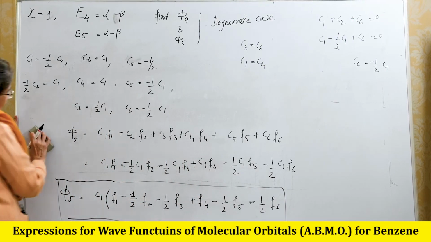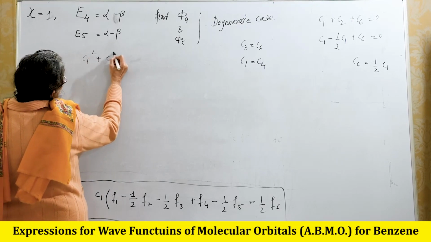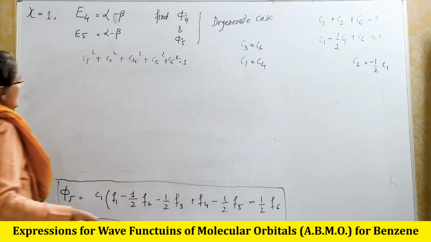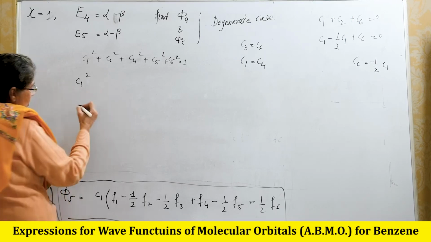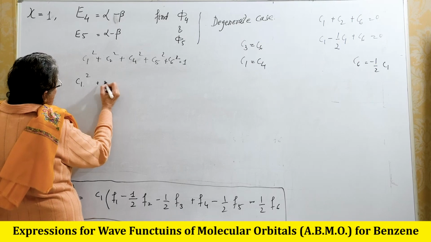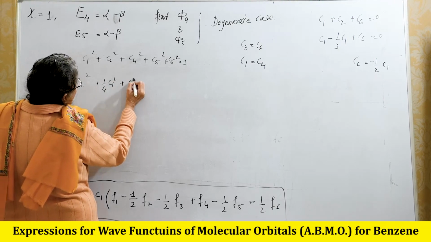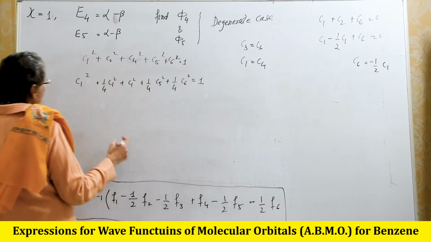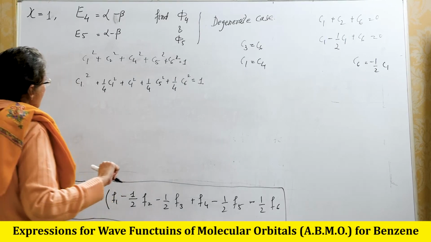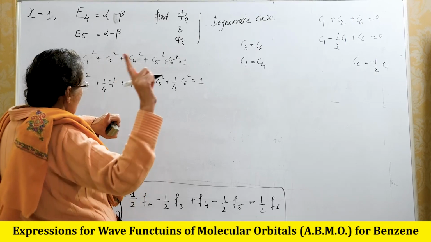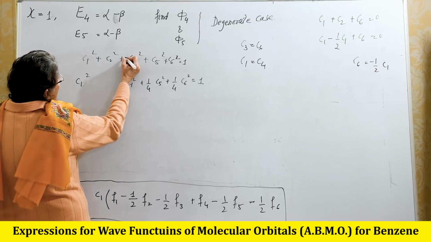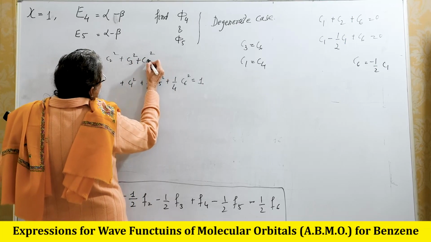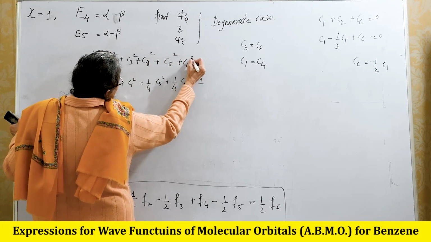Now we apply the condition of normalization. Then we know that C1 square plus C2 square plus C3 square plus C4 square plus C5 square plus C6 square is equal to 1.